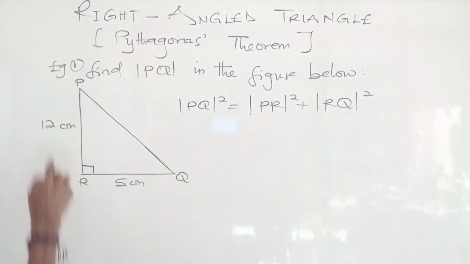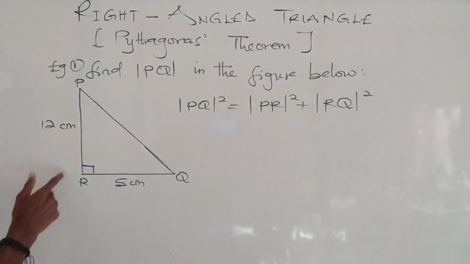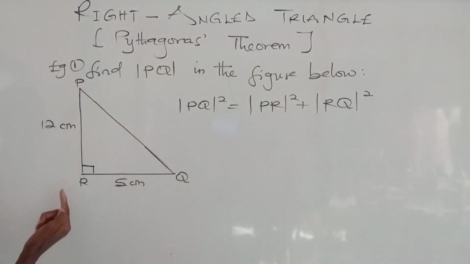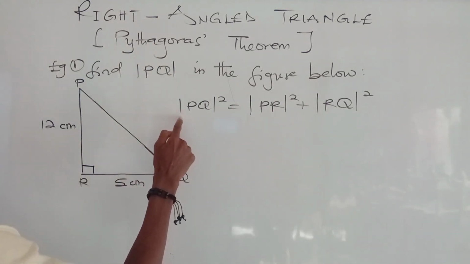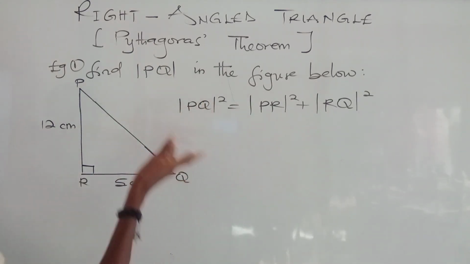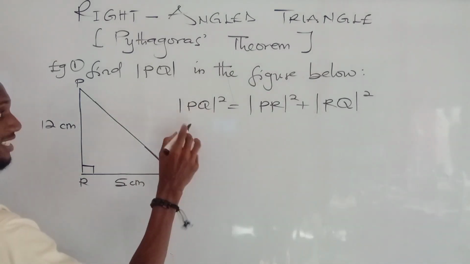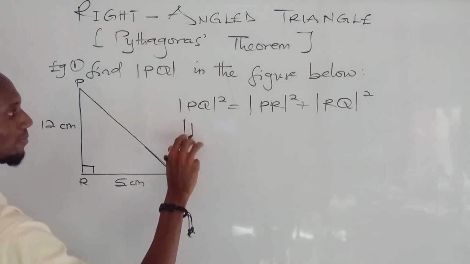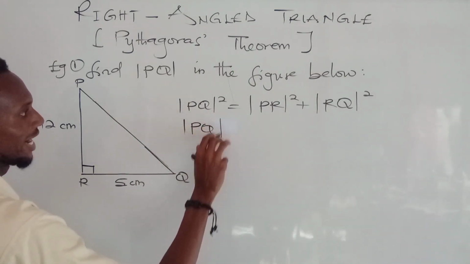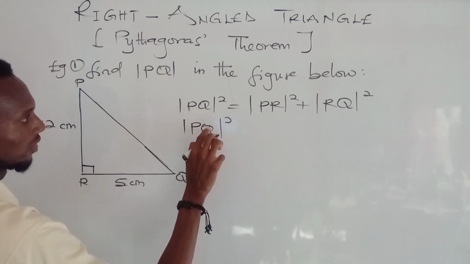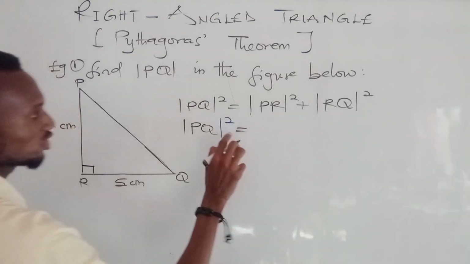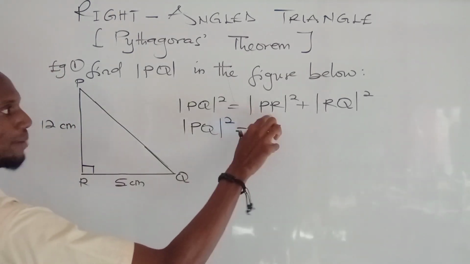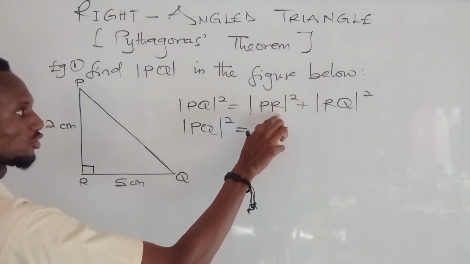We have been given PR, so we are going to put it there, and we have also been given RQ, so we are just going to put the values there. The line PQ, we don't know its value, that's what we are finding. So I'm going to repeat my line PQ squared. Don't forget to bring your square. So line PQ squared equals the line PR squared, we know PR to be given.